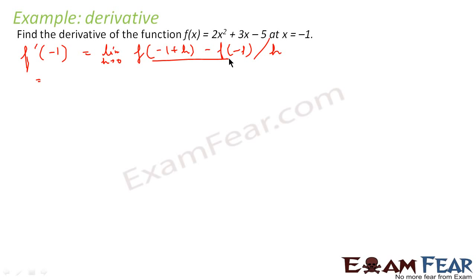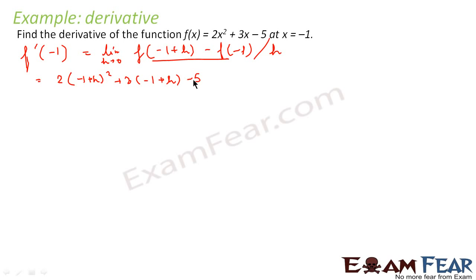F of minus 1 plus h is nothing but, we'll replace x by minus 1 plus h. So this will become 2x square, that is 2 into minus 1 plus h square, plus 3 into minus 1 plus h, minus 5.